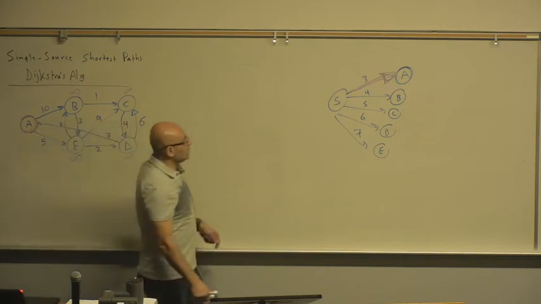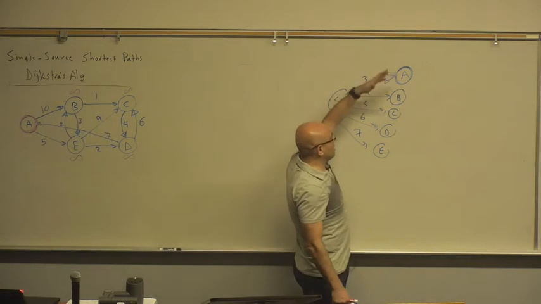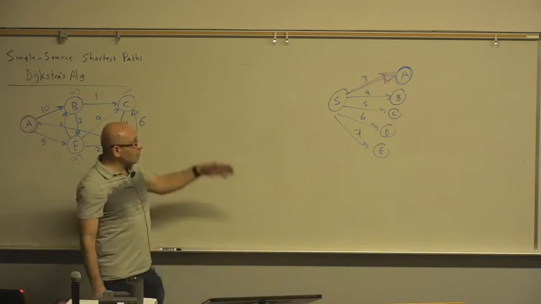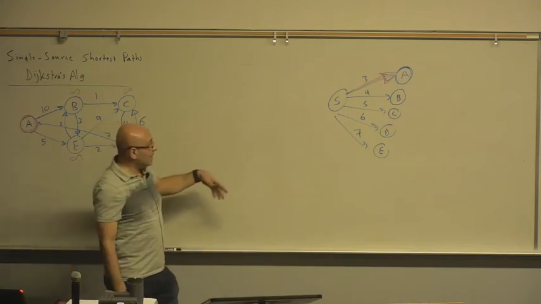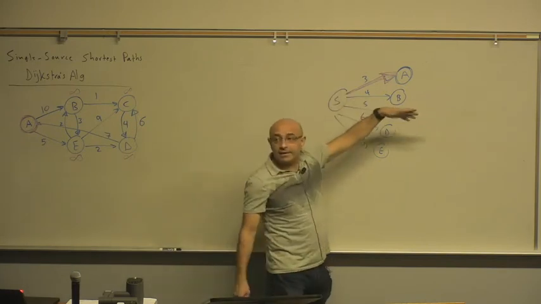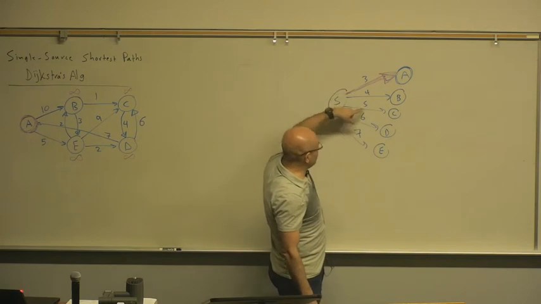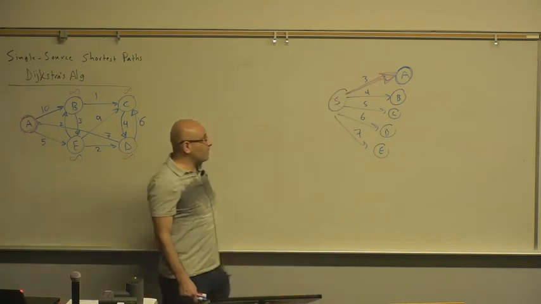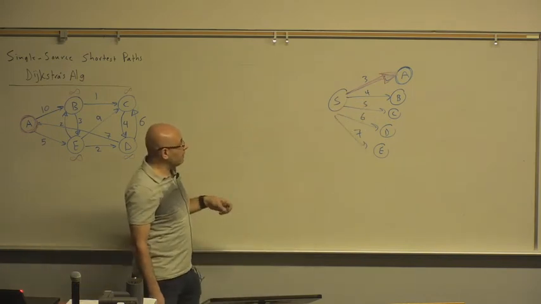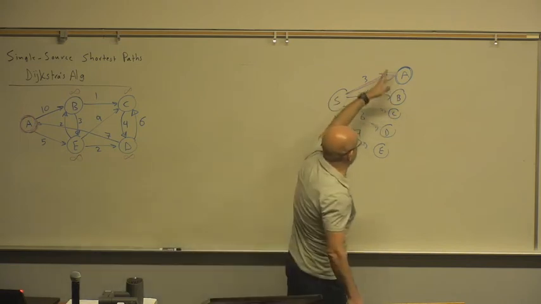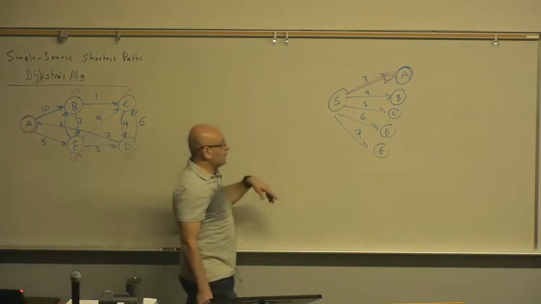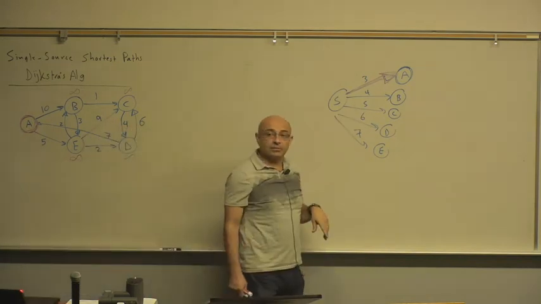So assuming that there is another path from source to A, that other path will have to go through one of the other vertices, either B or C or D. But obviously, we cannot get anything better than 3 because the edge weights for these are greater than 3. So any path that takes us from S to A through any of these vertices will have a length of at least 4.